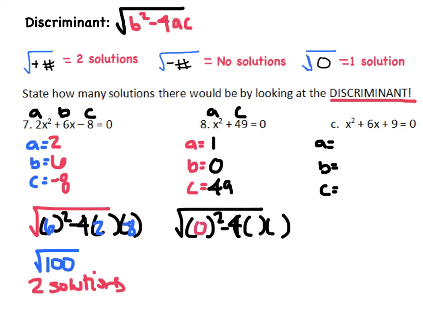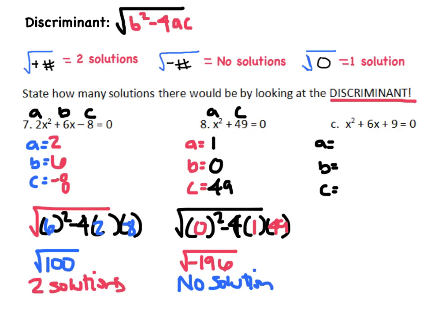That is 0 squared minus 4 times 1 times 49. When I work that out, we end up with negative 196. Hold up. If we get a negative discriminant, we know that the answer is no solution.